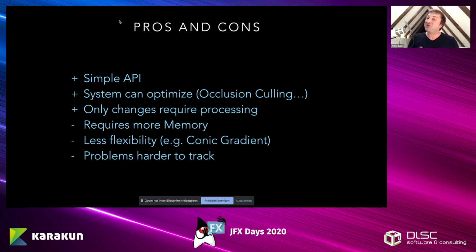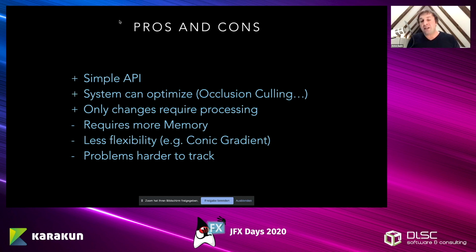And since he wanted to make it scalable, he tried to do that with nodes, and that was quite difficult because it wasn't supported at that time. So some things are easier to do in an immediate mode rendering way, but for that we now have the canvas node, so we can do that stuff as well. It's not that big of an issue.